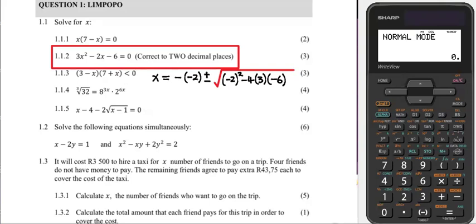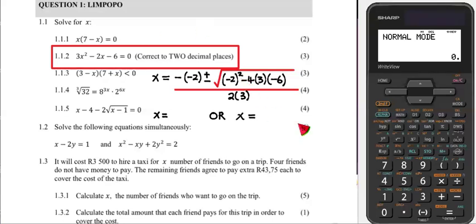Close the parenthesis. And everything must be divided by 2A. So it's going to be 2 into the A, which we know is actually 3.